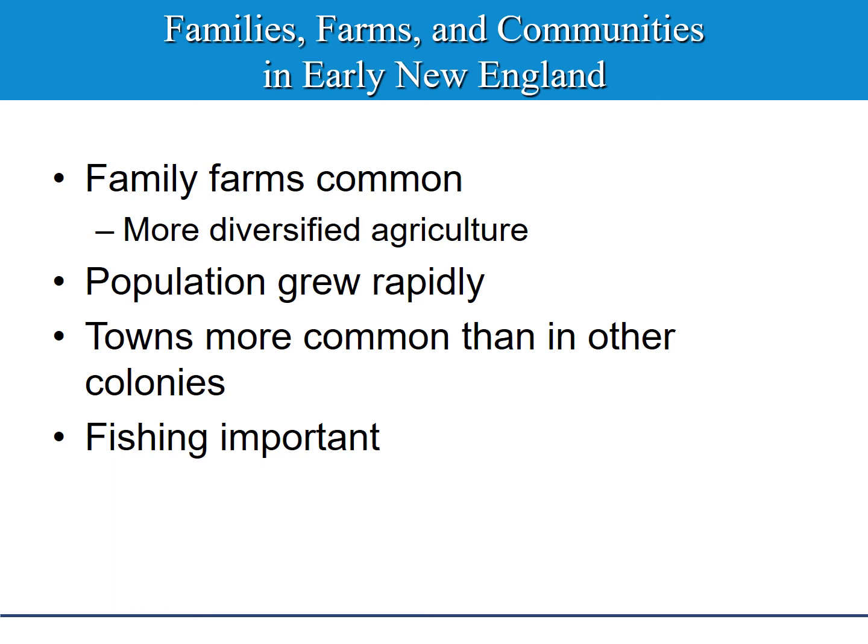And so you have these large fishing vessels that will go out, and so you have many people that will be on those ships at a time, and so those people are going to live in towns. And so because you have the towns, you're going to have more things like schools and churches, people living closer together, and being much more unified than we're going to see in the southern colonies.